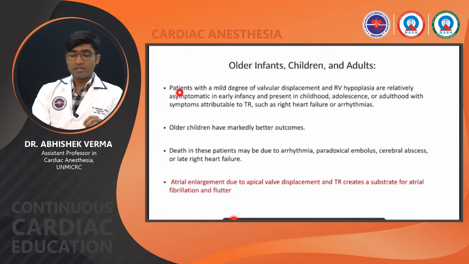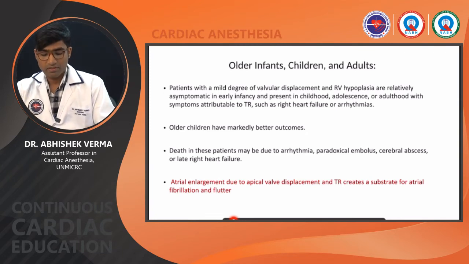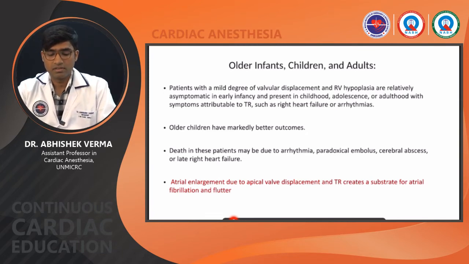Here, patients with mild disease of valvular displacement and RV hypoplasia are relatively asymptomatic in early infancy and present in childhood, adolescence, or even in adulthood, with symptoms attributable to TR, such as right heart failure or arrhythmia.